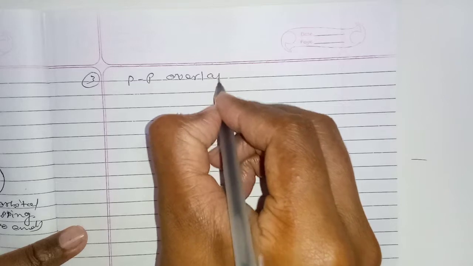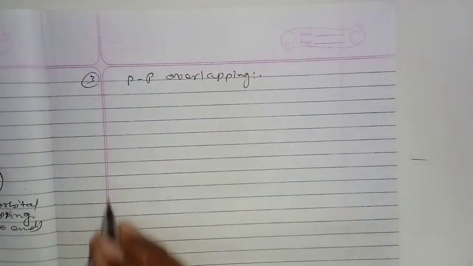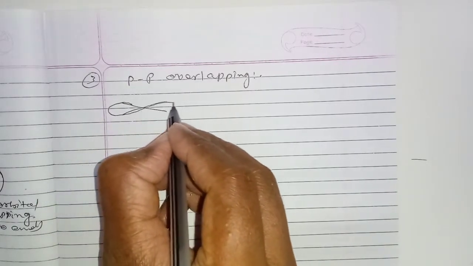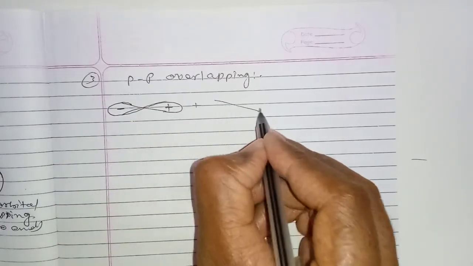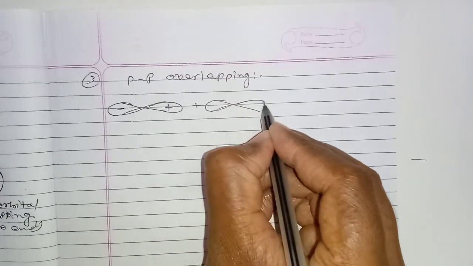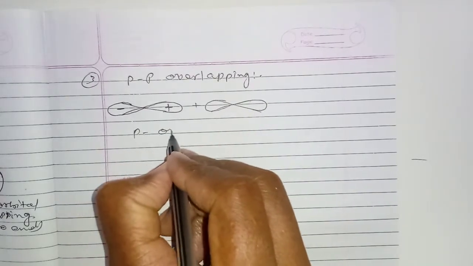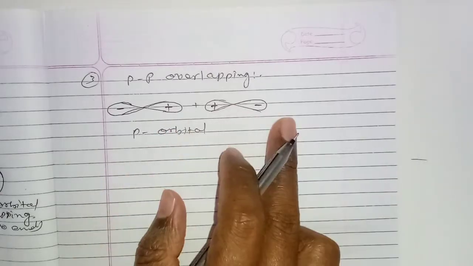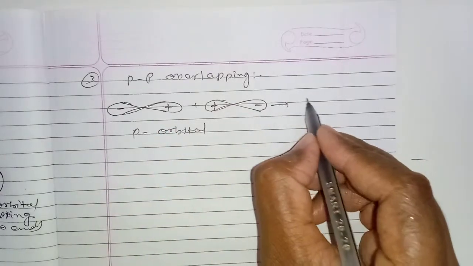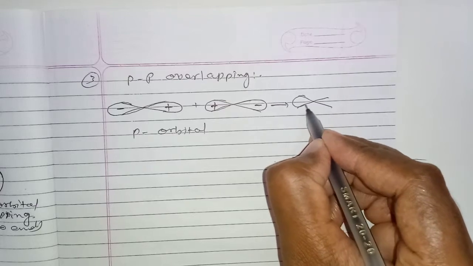Now the third overlapping is p-p overlapping. The p orbital has a dumbbell shape. Another p orbital, with plus sign and negative sign, they overlap each other.